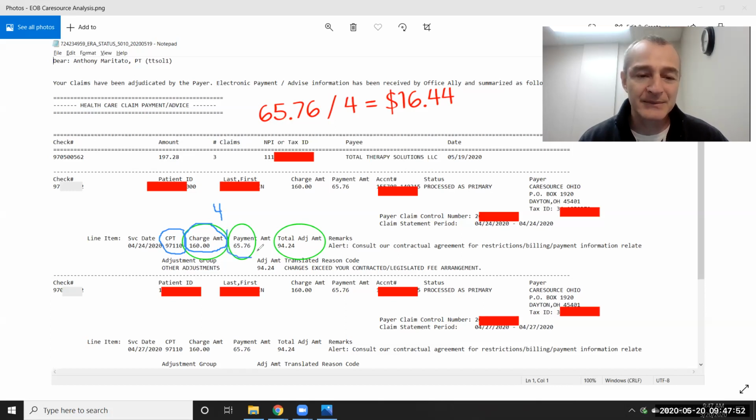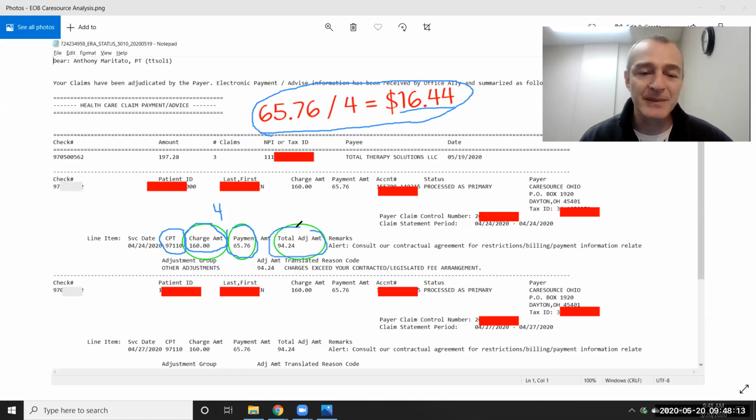The payment was $65.76. So if you do the math right up here, 4 units at $65.76 reimbursement, they're paying $16.44 per unit for therapeutic exercise. Each unit, each CPT code is going to have a different reimbursement.